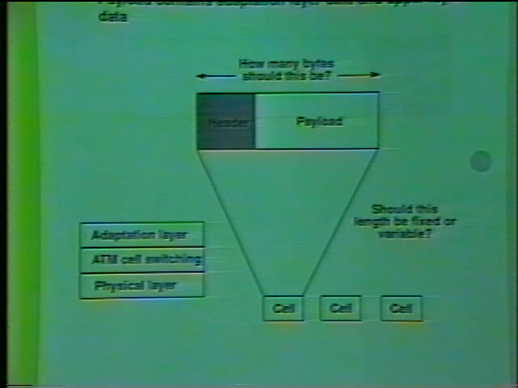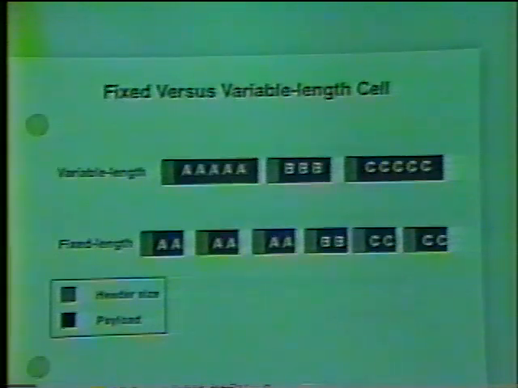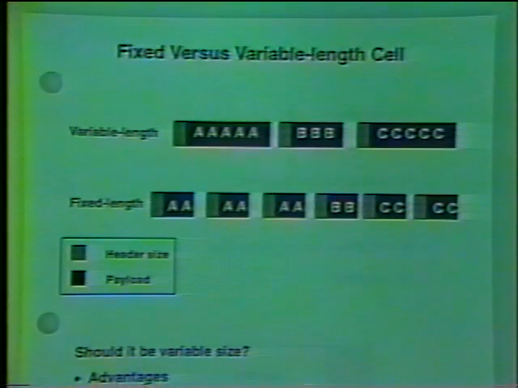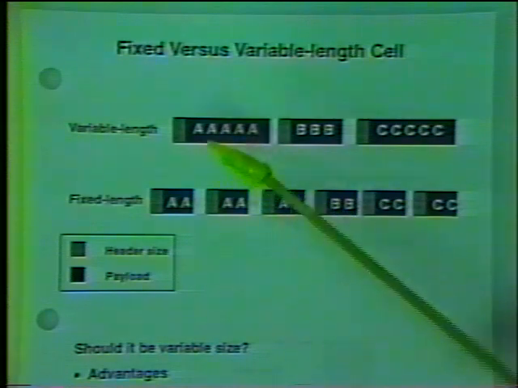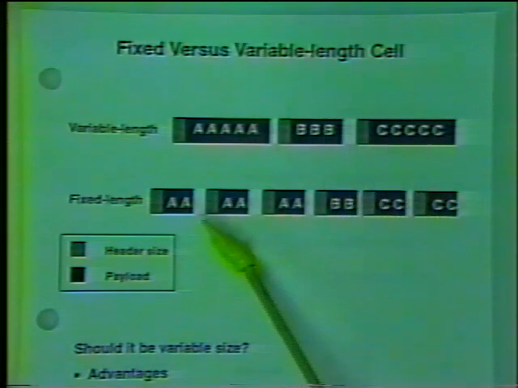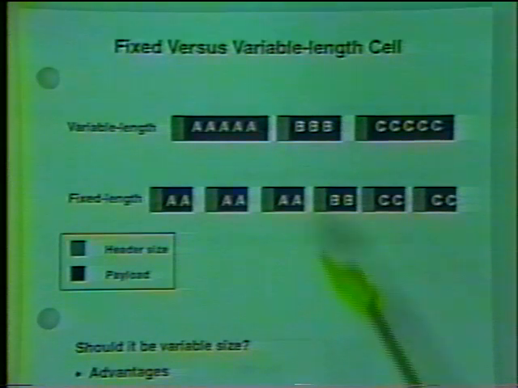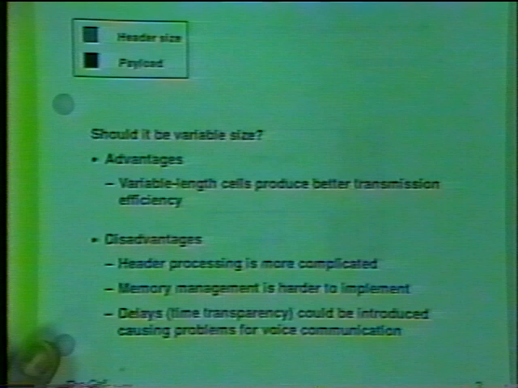All right, for some background information, this is jumping over to page 3. Okay, well, we already know that the cells for ATM are a fixed length, but here we're just trying to show why they went with fixed length over variable. So here you have different cells of various length and cells of a fixed length, and the advantages and disadvantages of variable sized cells.